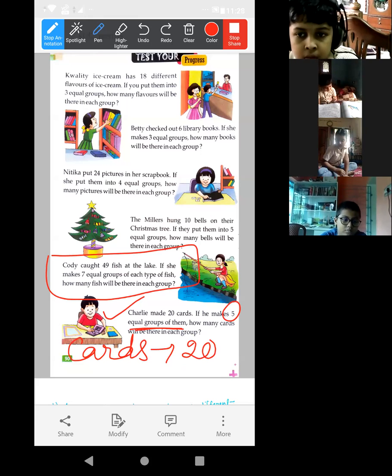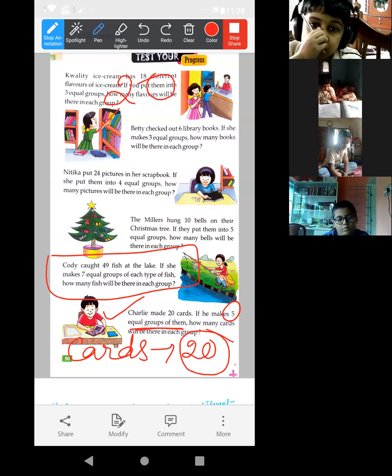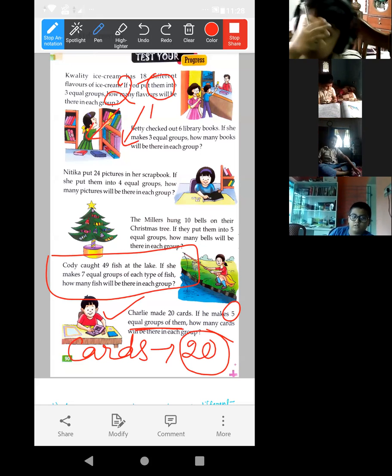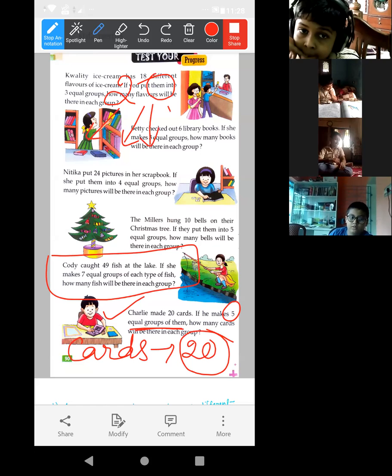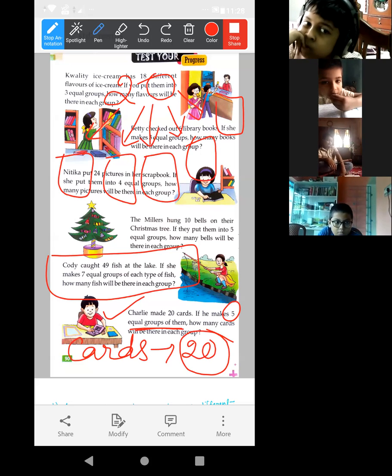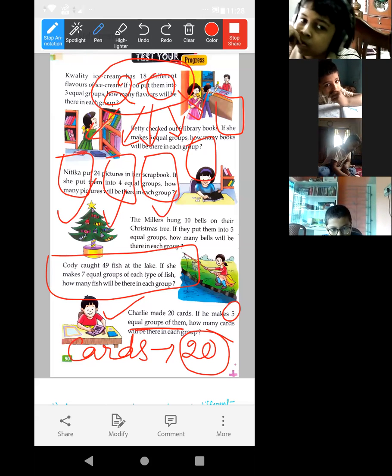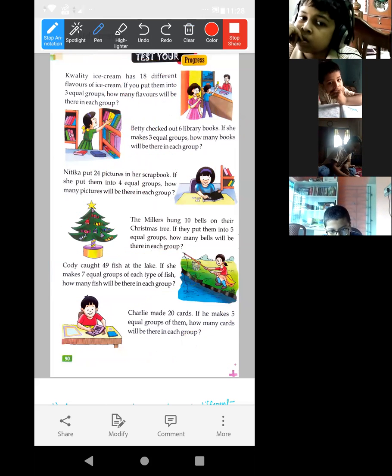That means he wants to keep these 20 cards in 5 equal groups. First group, second group, third group, fourth group and fifth group. So we have to divide this 20 by this 5. Yes or no? Is this clear?